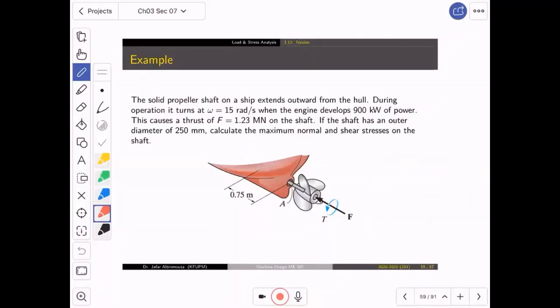Okay, so we have this example. It's a very simple example, not very complex.